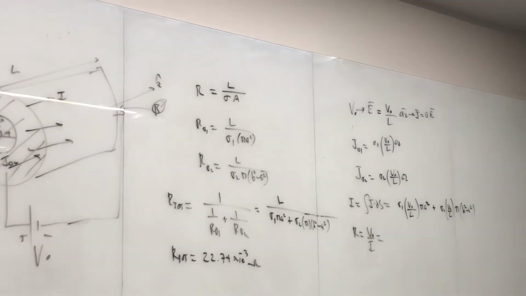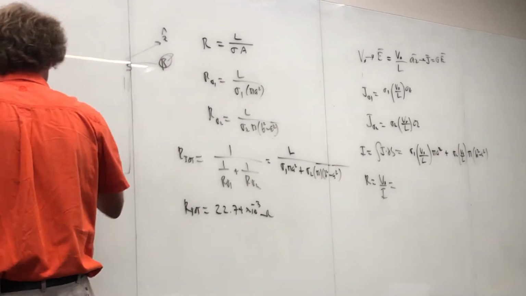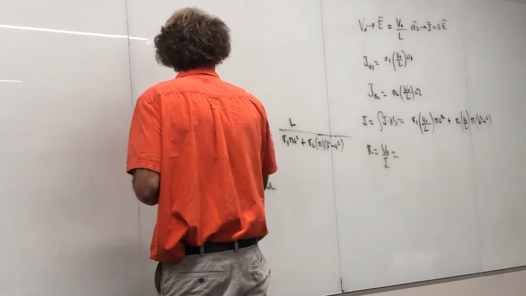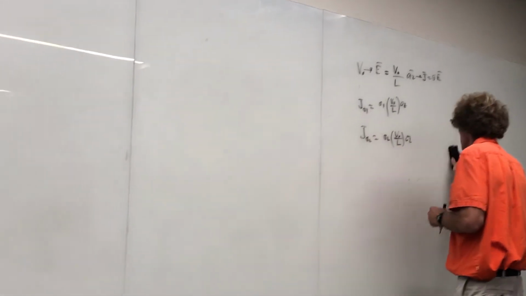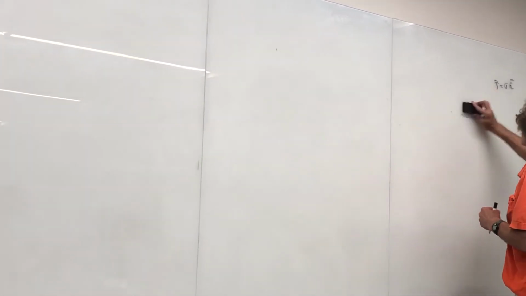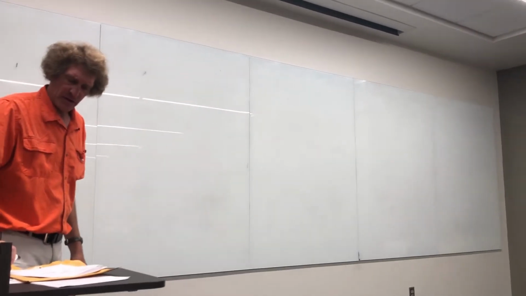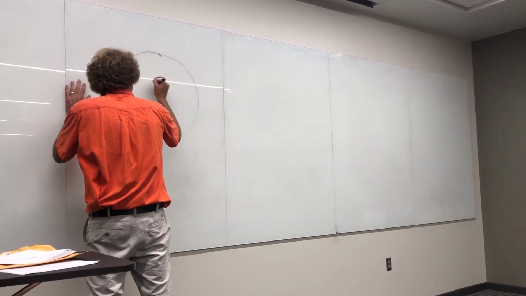All right. Finally. Last problem. Determine the capacitance for a spherical capacitor having inner radius A and outer radius B. This is the one I did on the board.